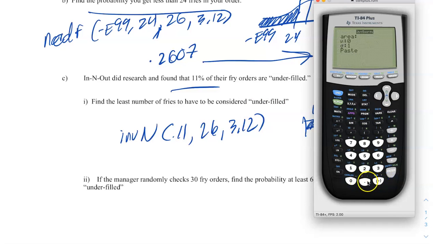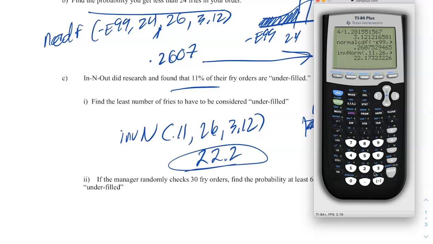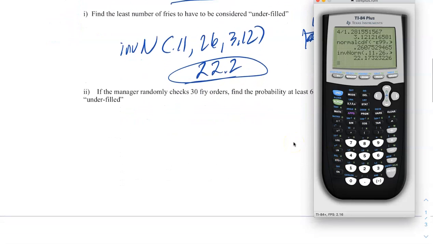Invert normal, 0.11, 26, and 3.12. And I get 22.2 if I round it. So if you have about 22 fries, then that's considered underfilled.